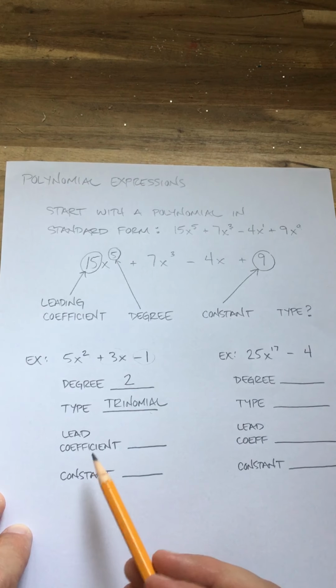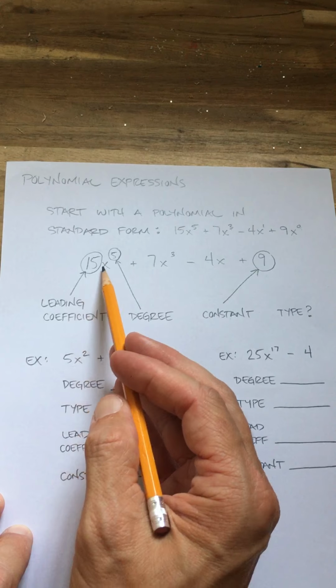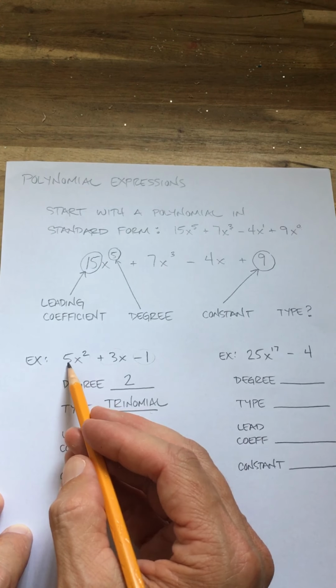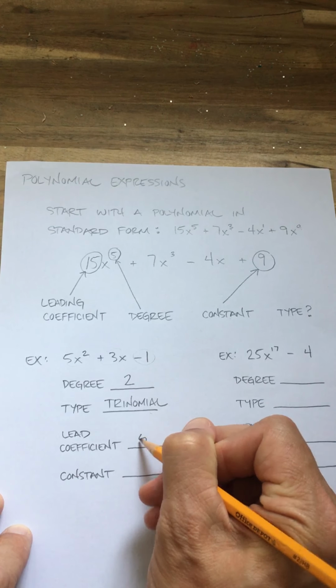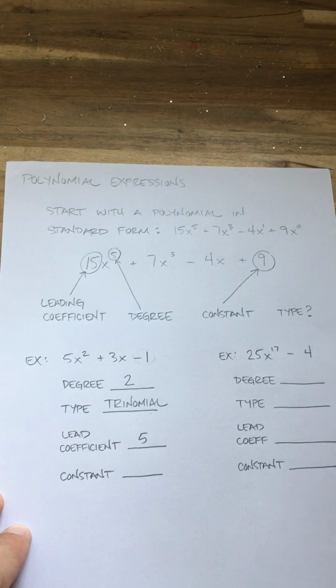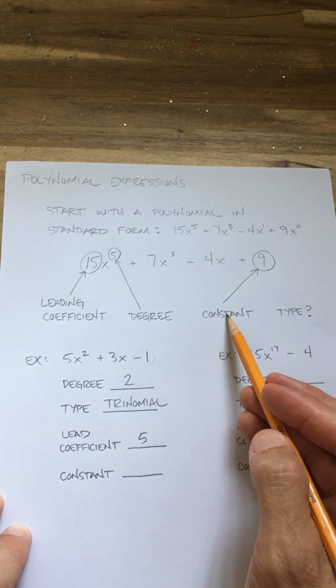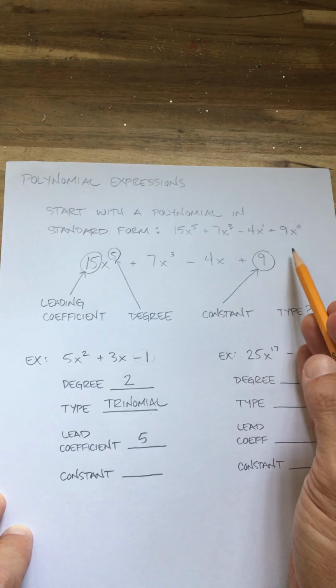The leading coefficient, well, if you forgot what that is, you look up here. The leading coefficient, I circled it. It's the first number that we have right there. So in this case, the very first number we have is a 5. So I'll put down 5. And finally, our constant term, the constant, remember we point to the very last guy right there, the one that's attached to the x to the power of 0.